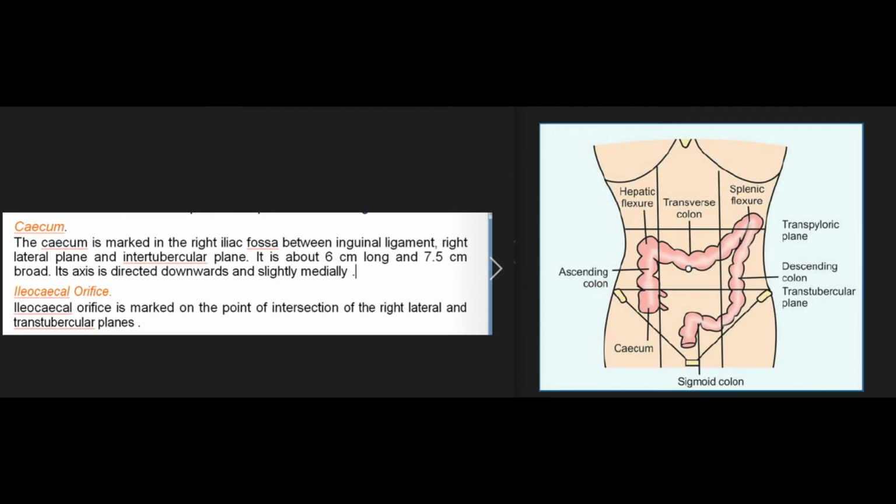Cecum. The cecum is marked in the right iliac fossa between inguinal ligament, right lateral plane and intertubercular plane. It is about 6 cm long and 7.5 cm broad. Its axis is directed downwards and slightly medially. Ileocecal orifice. Ileocecal orifice is marked on the point of intersection of the right lateral and transtubercular planes.